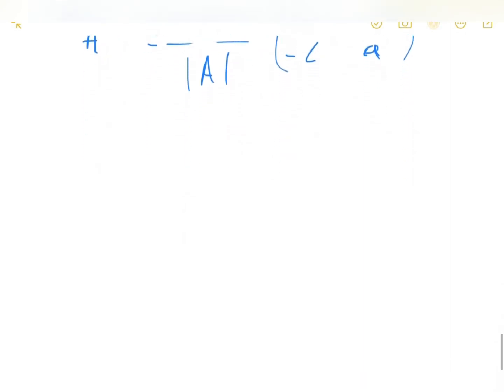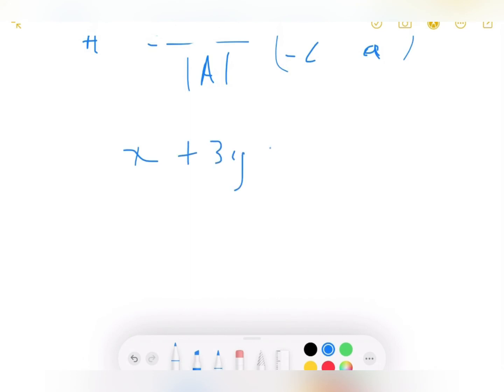Now, if we go back to our pair of equations, x plus 3y equals 4 and 2x plus 7y equals 13.